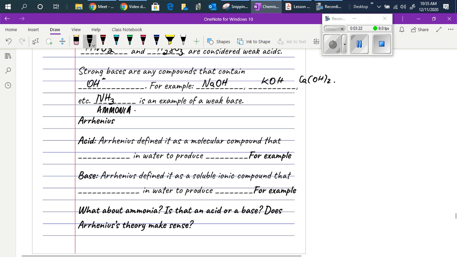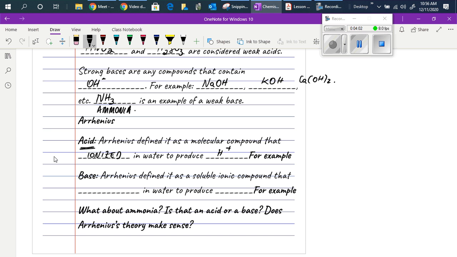Now, Arrhenius theory is saying that an acid is defined as any molecular compound that, when it is ionized, produces H plus.